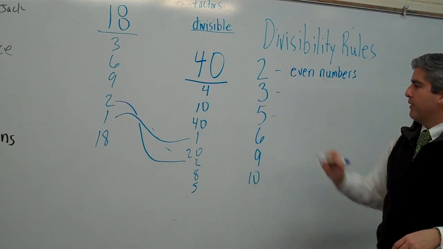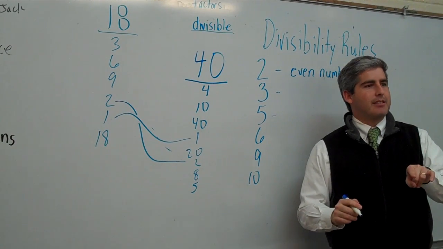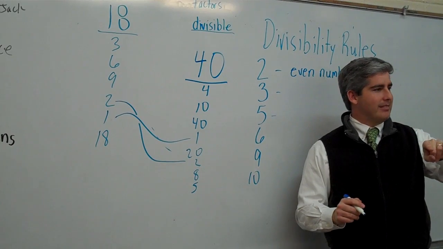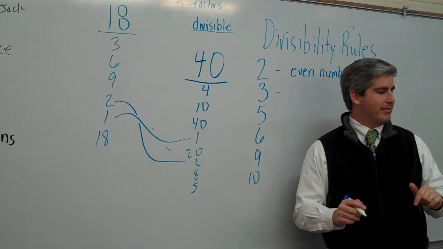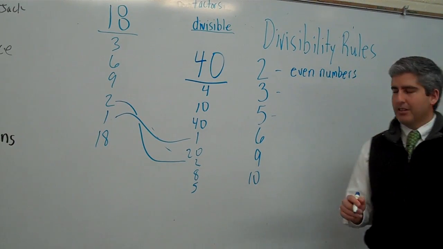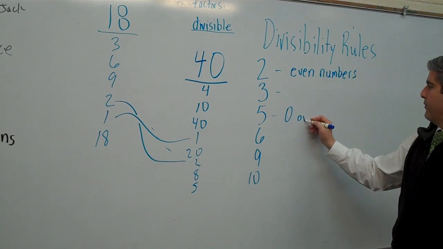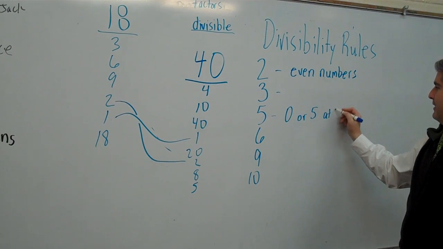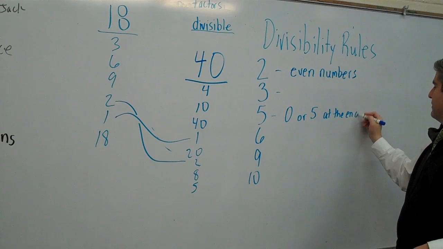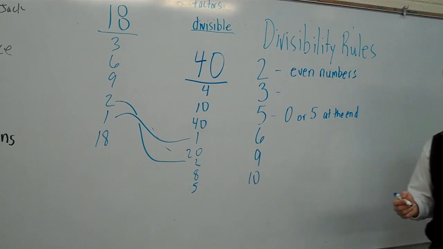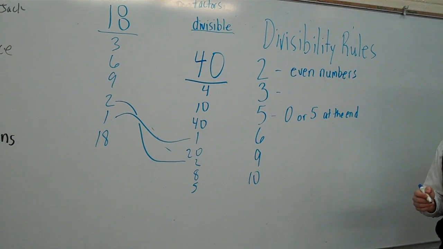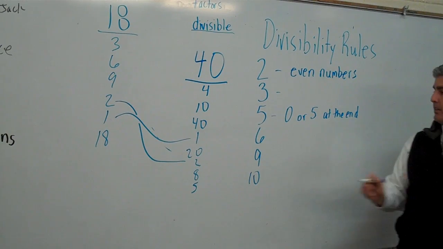We'll come back to 3. For 5, how do you know that a number is divisible by 5? It ends with a 0 or a 5, in the ones place, really. Yes, Mary Hayes? I know the one for 9 and 3 and 6. Well, we're going to come back to that, okay? What about 10?